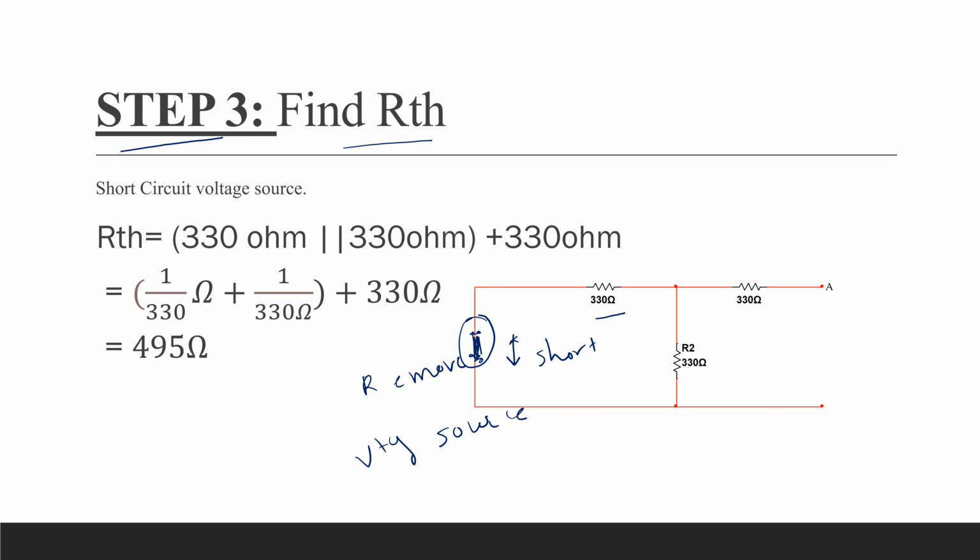Then 330 ohm resistors in parallel. So R1 and R2 in parallel and R3 in series. And your answer is 495 ohm.